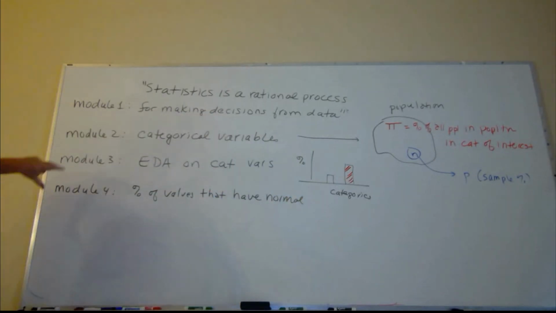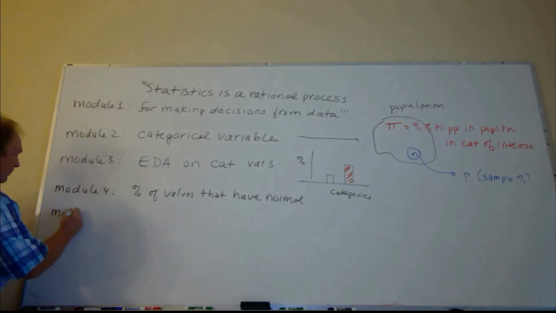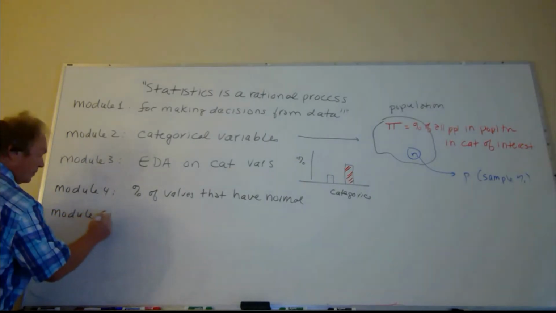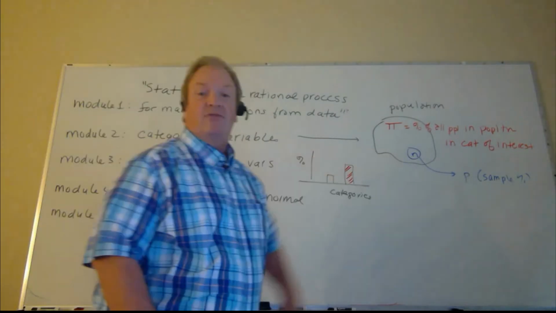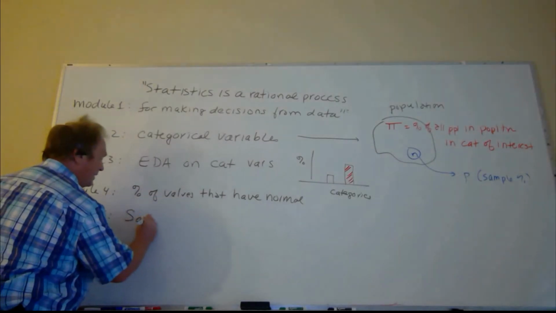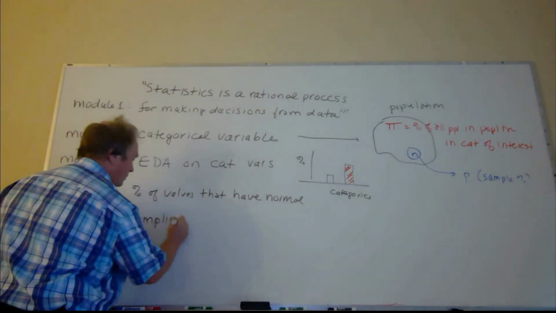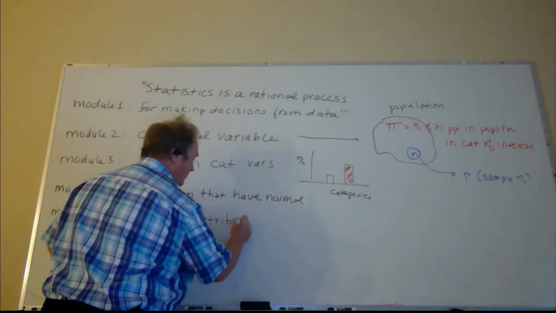And then in Module 5, we brought everything together. Module 5 was about the sampling distribution. In other words, this is what the population of sample percentages looks like. So we talked about the sampling distribution for p, the sample percentage.